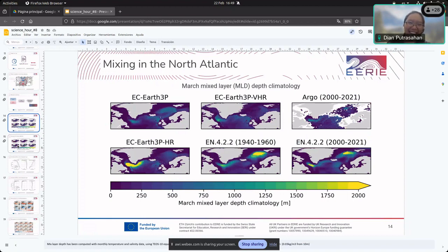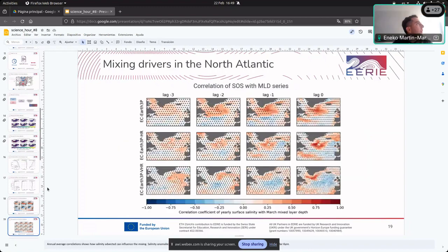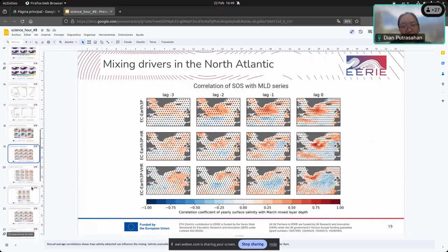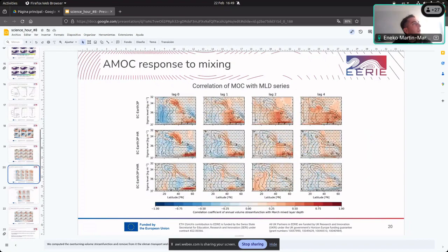The experiment is 66 years long, so the data we are using is 66 years. Okay, 66. The AMOC we computed only with annual data, and the March mixed-layer time series.